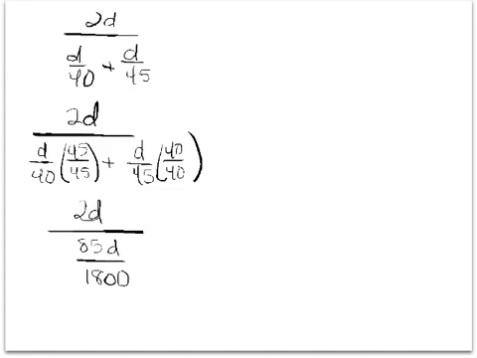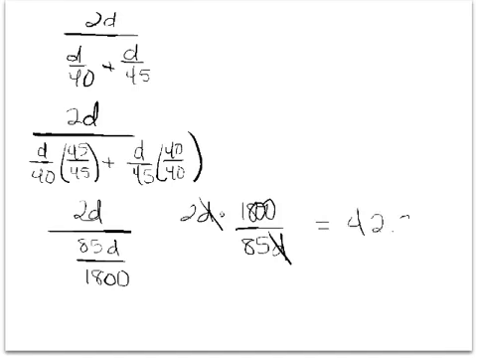Now I can do a multiplication problem. 2d times 1800 over 85d. The d's cancel out. 2 times 1800 divided by 85 gives me 42.35 miles per hour.